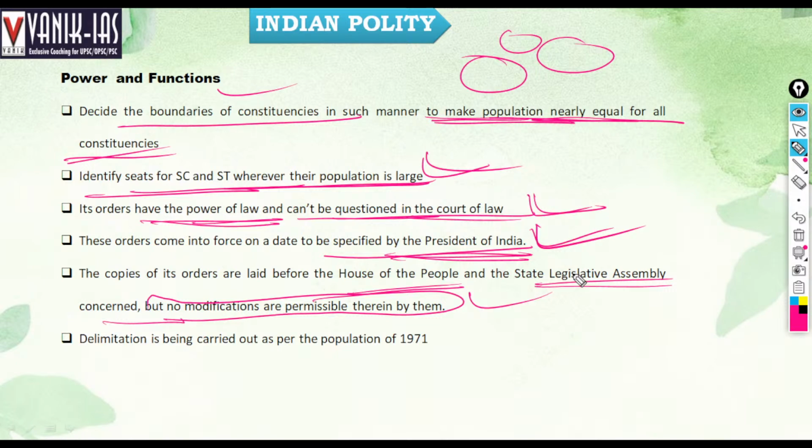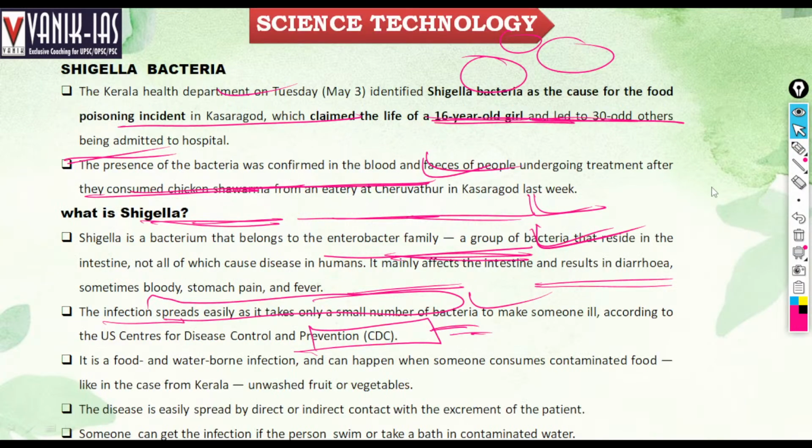Nobody can make modifications to decisions already taken by the commission, headed by a retired judge of the Supreme Court along with the State Election Commissioner and the Election Commission of India. Delimitation is being carried out as per the population of 1971. Since then it has not changed. We are expecting that in 2026 that will change because the population has increased a lot.